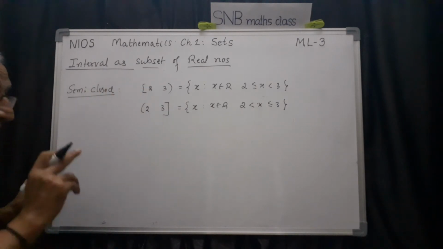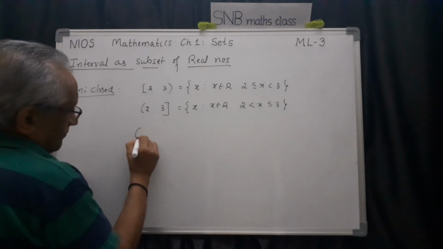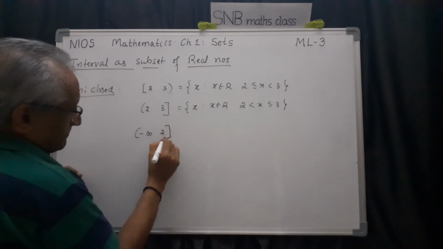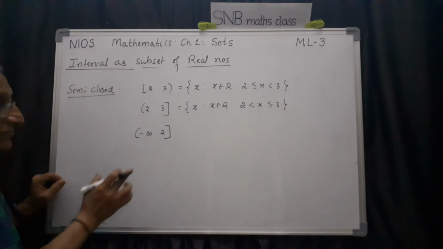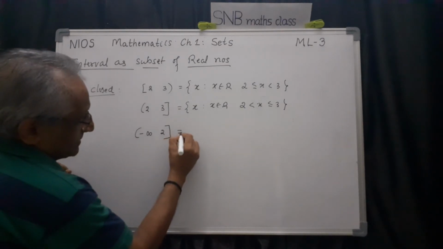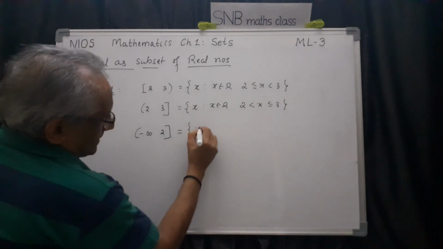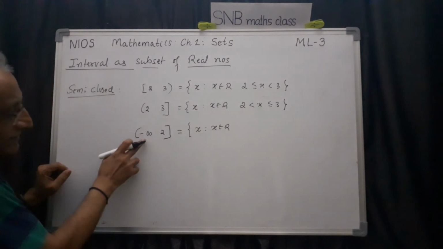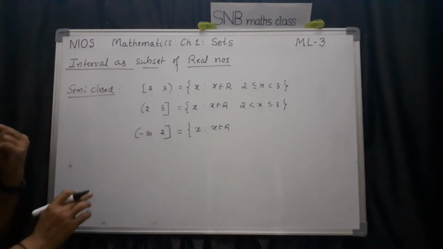That makes 4. Then there are different varieties. For example, sometimes minus infinity to 2. This is also possible. But remember, whenever you are writing infinity, how do you represent this one? You should first write it in set form. You should write x, then the same thing, x belongs to R. Here it is minus infinity, that means it can go on.